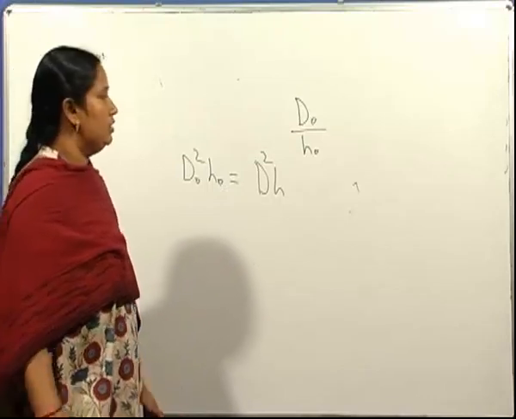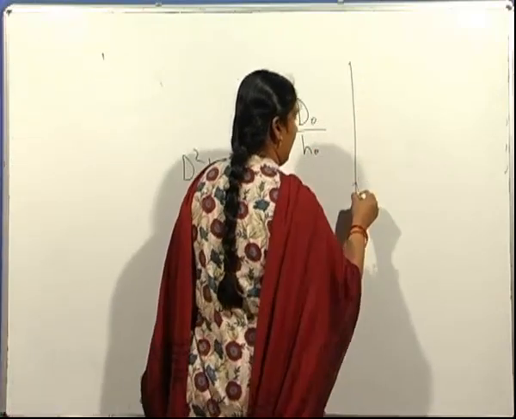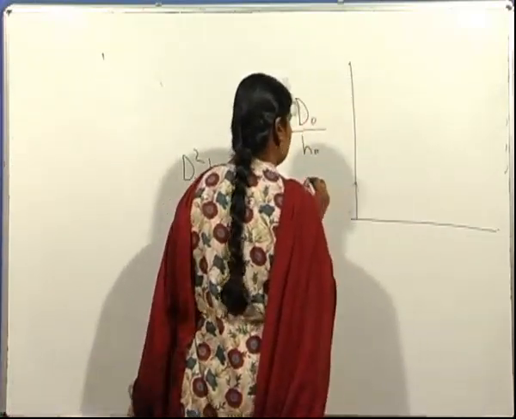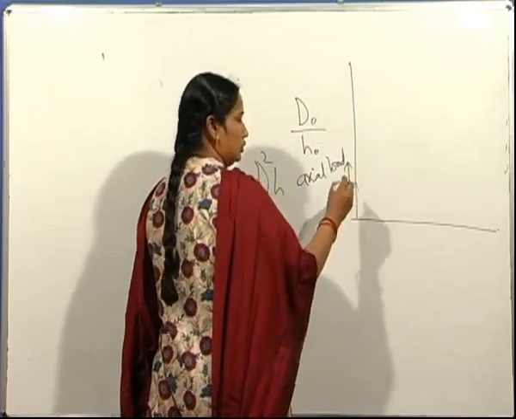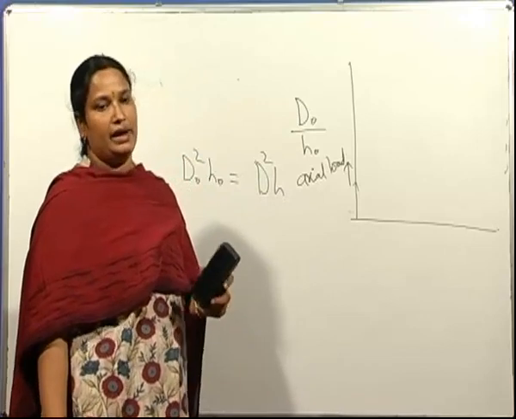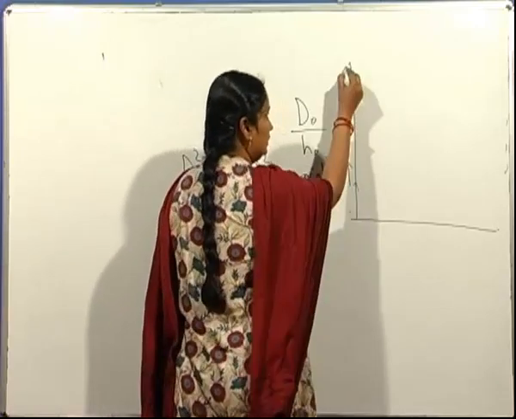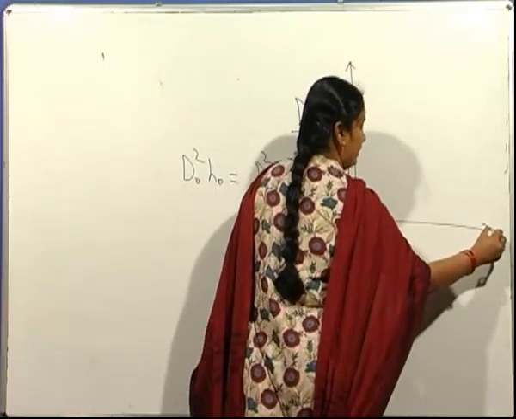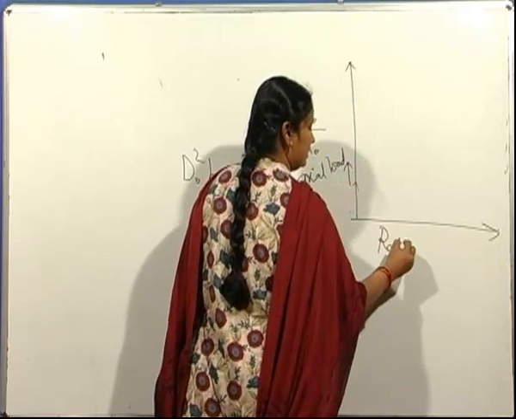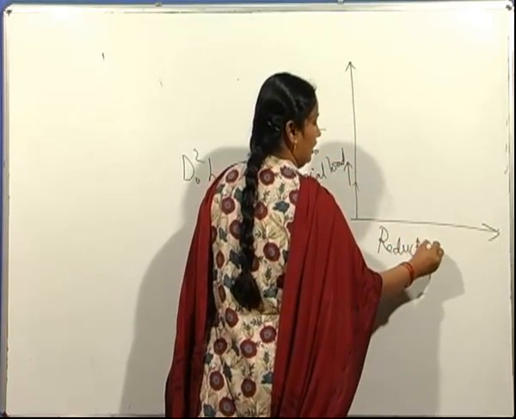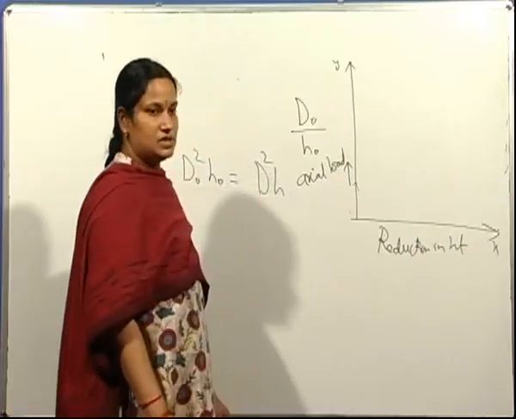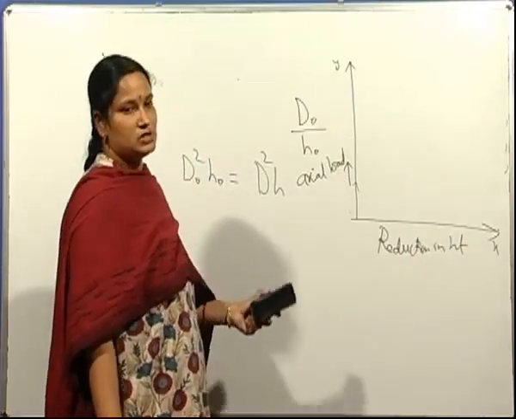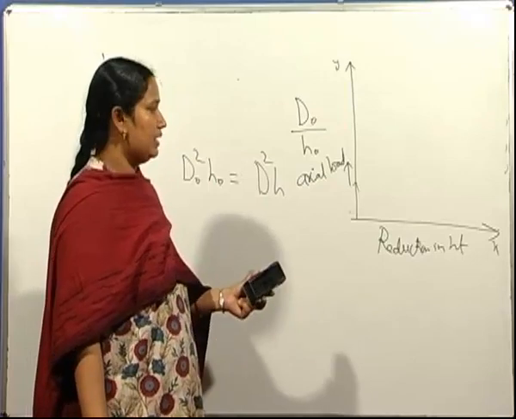So a plot of axial load, this is the axial load applied to cause reduction in height, along the y-axis and reduction in height along the x-axis, curves can be drawn for various values of D0 by H0.